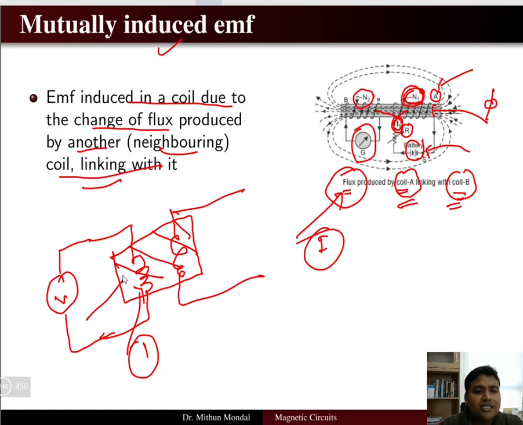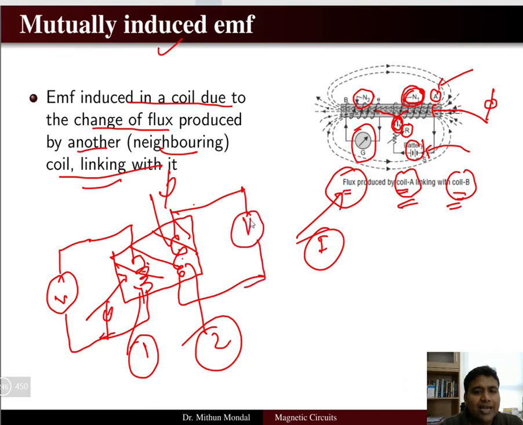The flux that is produced in the core, since both the coils are inductively coupled, here the flux links with the coil number 2. So if the flux links coil number 2, then there will be an EMF produced in coil number 2. So the galvanometer will show a deflection if there is a connection with coil number 2.